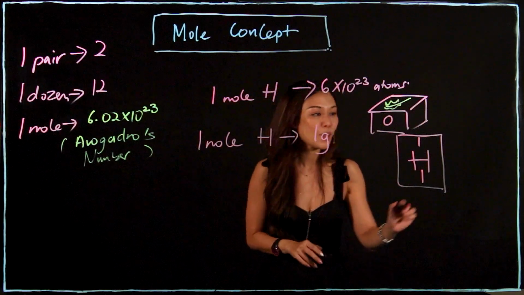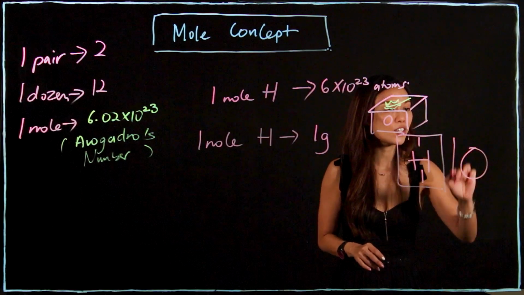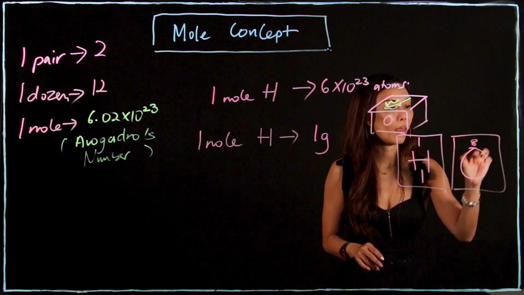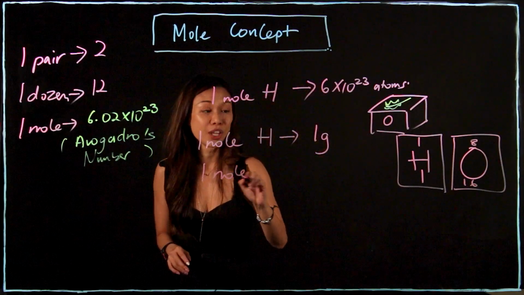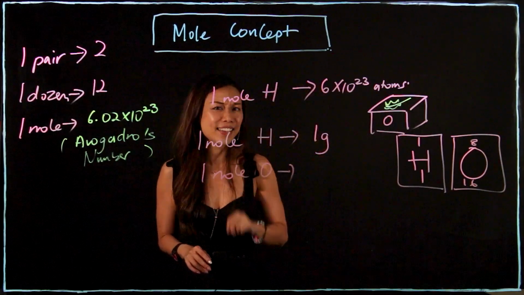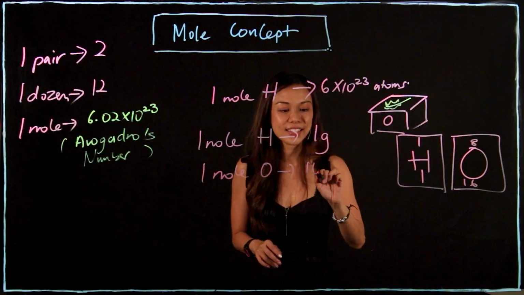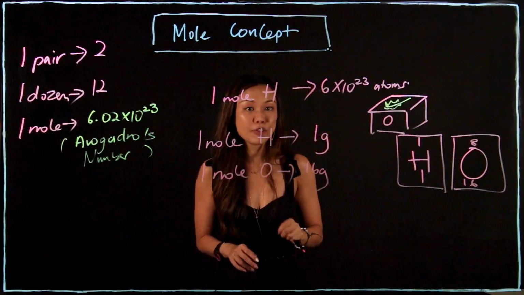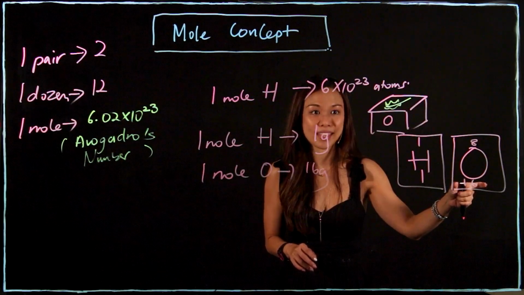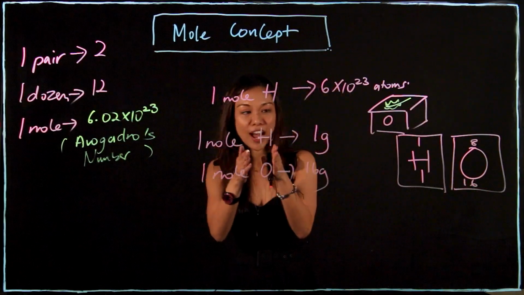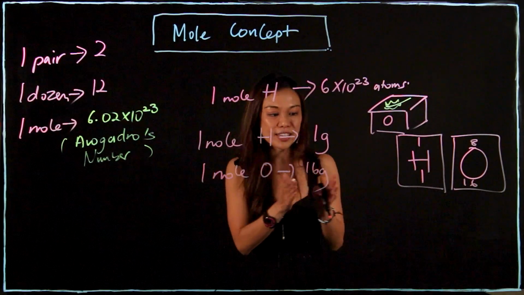Let's bring it further. How about oxygen? 1 mole of oxygen has a mass of 16 grams. I take reference to the number below, the relative atomic mass. So 1 mole of hydrogen is 1 gram, 1 mole of oxygen is 16 grams.